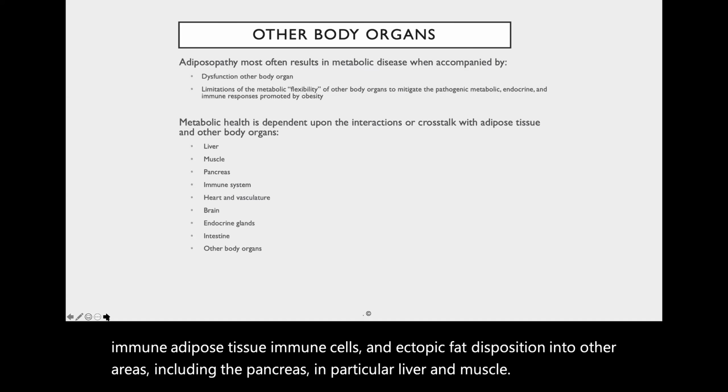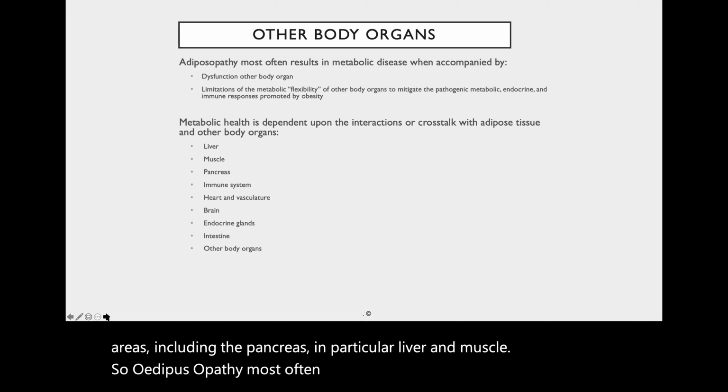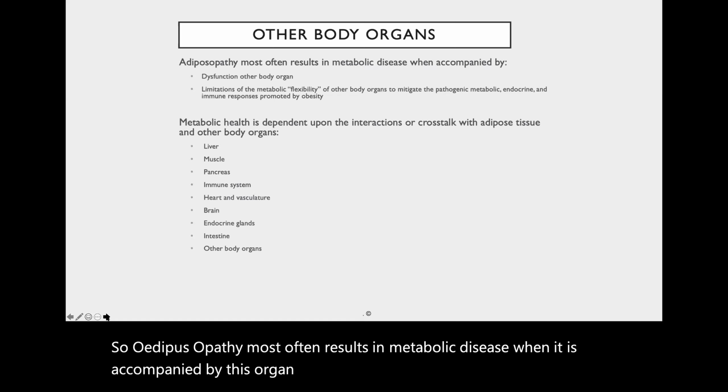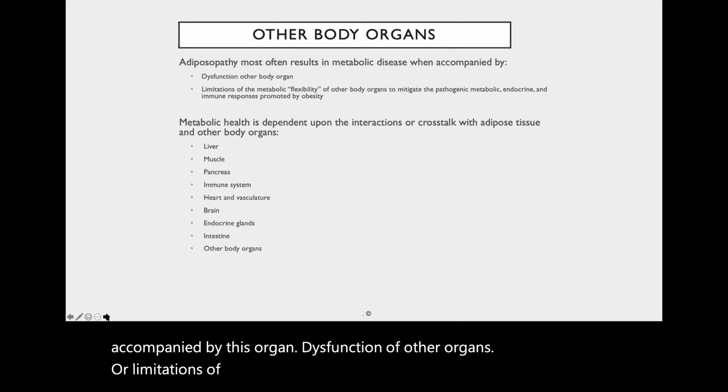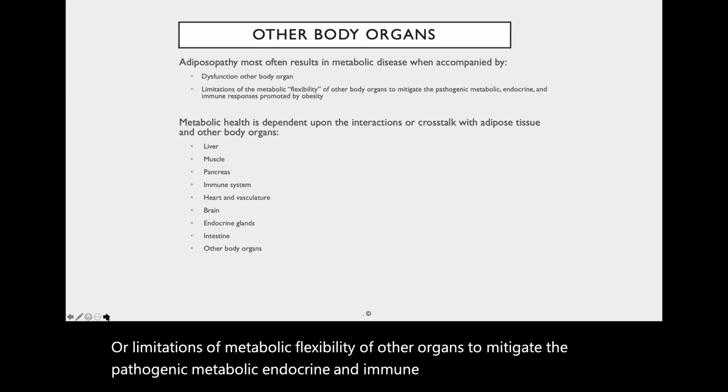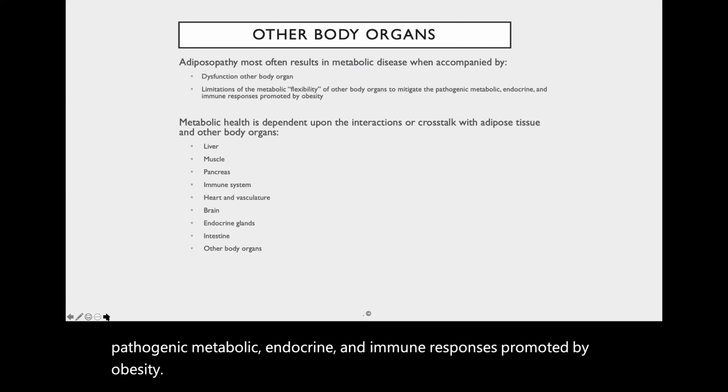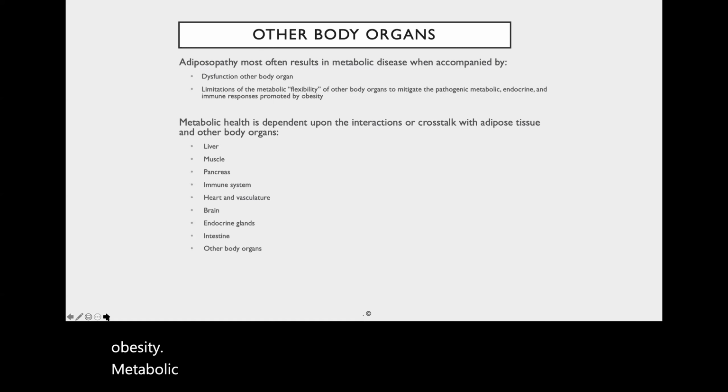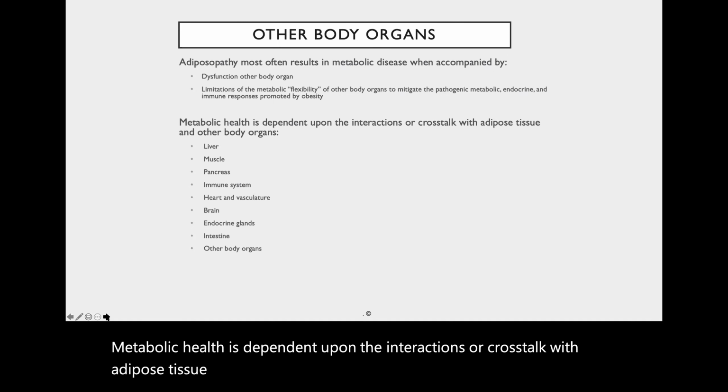So adiposopathy most often results in metabolic disease when it is accompanied by dysfunction of other organs, or limitations of metabolic flexibility of other organs to mitigate the pathogenic metabolic, endocrine, and immune responses promoted by obesity. Metabolic health is dependent upon the interactions or crosstalk with adipose tissue and other organs.